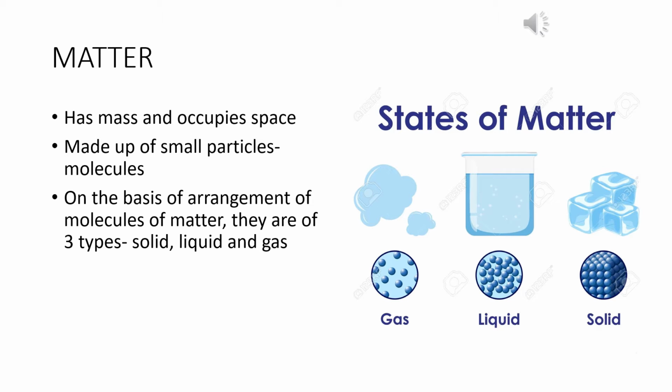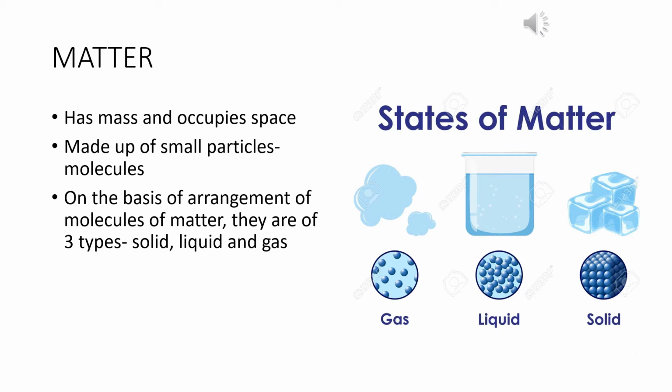What is matter? Matter is anything that has a particular mass and occupies some space. If we are talking about matter in that sense, we as individuals are also matter because we have mass and occupy space.